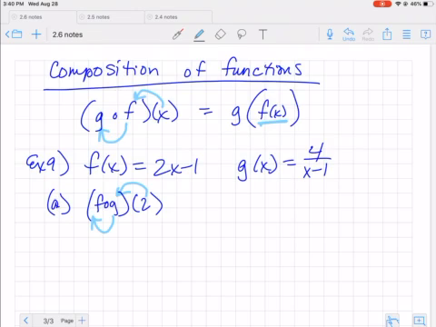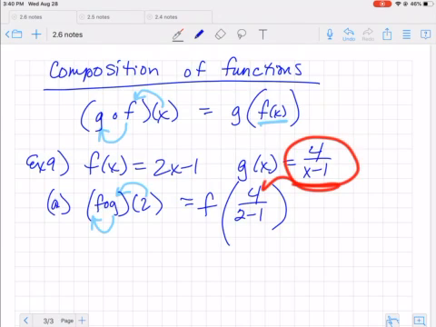So I like to use this second notation because I find that it helps for me, because I'm so used to function notation, right, to work that out. So this is f of, and then I make my parentheses really big and plug that in. 4 over 2 minus 1, because that is my g of x function. My g of x function is what I'm plugging my x into first.